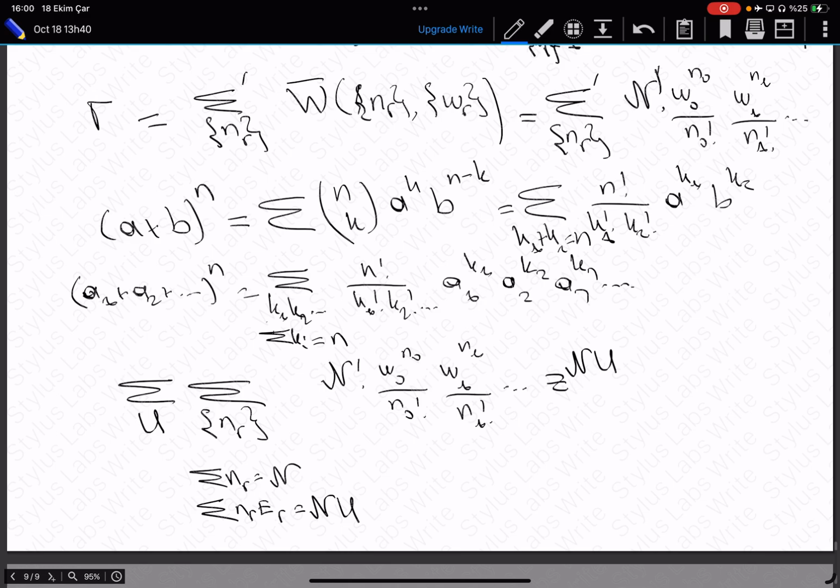I multiply each one of these terms by z to the power nu, so that if I can calculate this whole sum, make an expansion over z, and just pick up the coefficient of the z to the power nu term, I obtain this sum with the double constraint. Well, instead of that nu, I can of course just substitute the sum over n_r E_r.